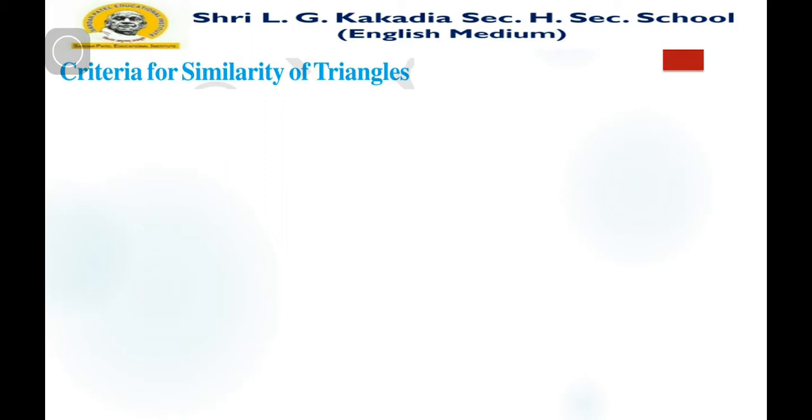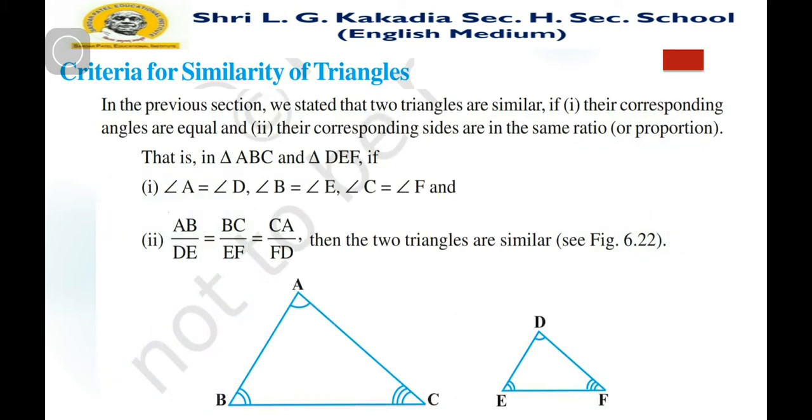As we stated in the previous session, two triangles are similar if their corresponding angles are equal and their corresponding sides are in the same ratio or proportion.